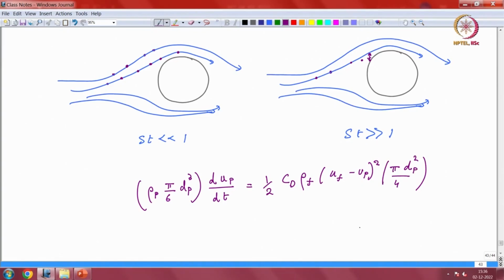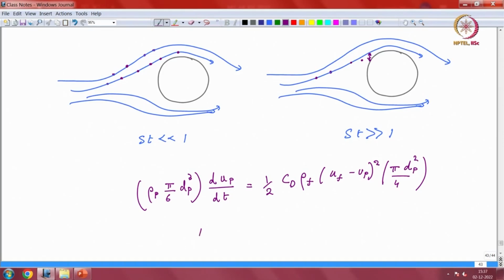Okay. So hopefully all the quantities here are well understood, and just to repeat one more time, dp is the particle diameter, rho p is the particle density, rho f is the fluid density, and similarly for the fluid quantities here.